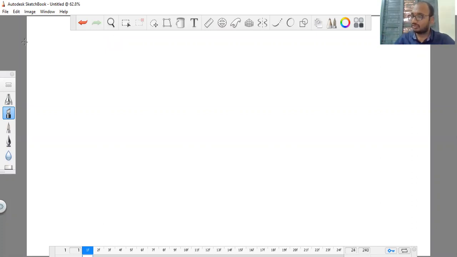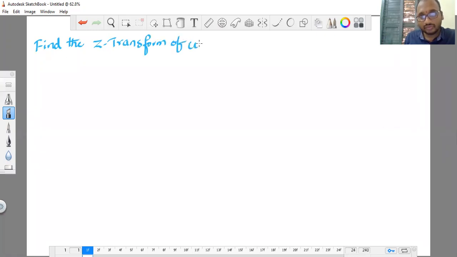Find the Z transform of the unit step signal. The question is to find the Z transform of the unit step signal. You know very well the representation of the unit step signal.